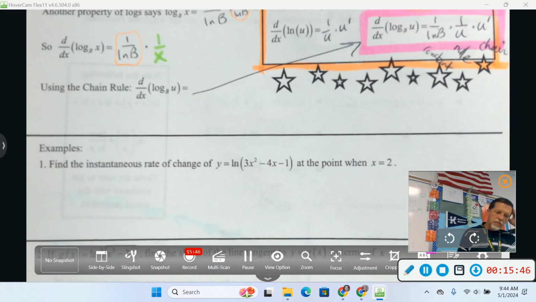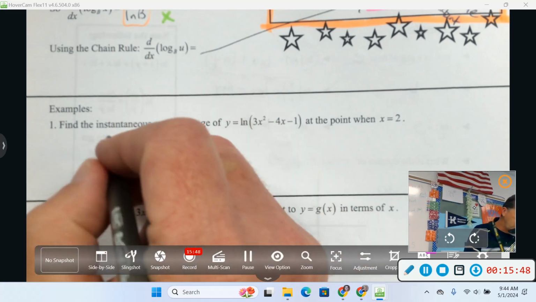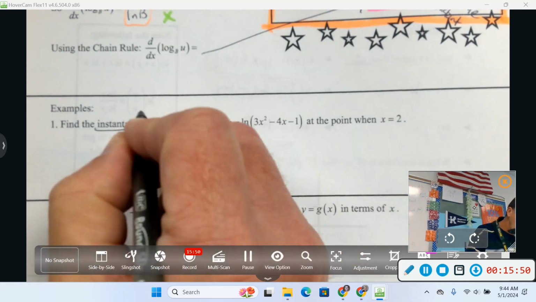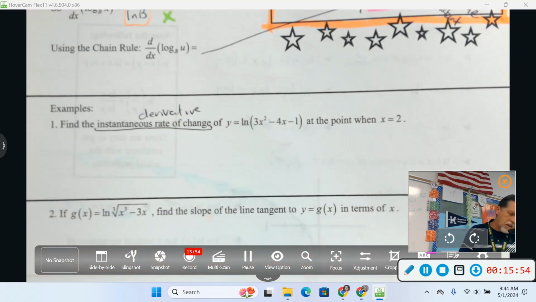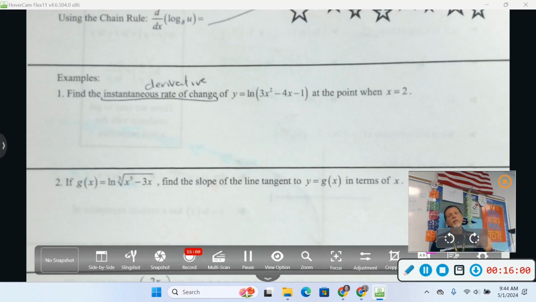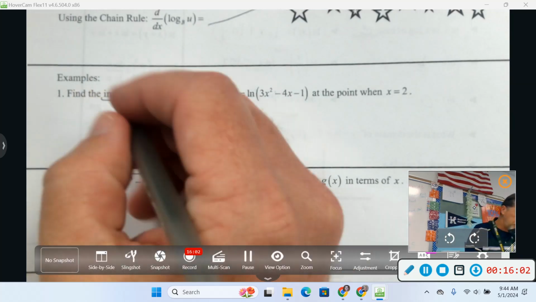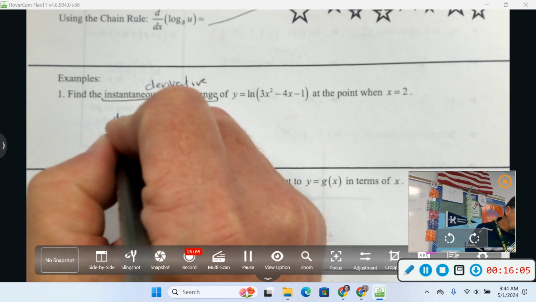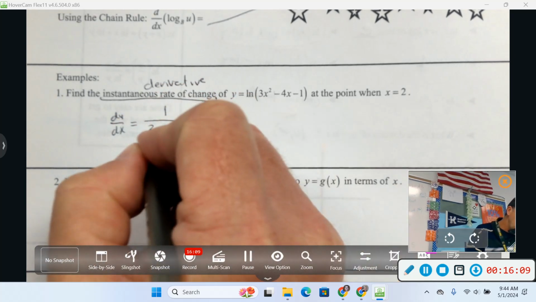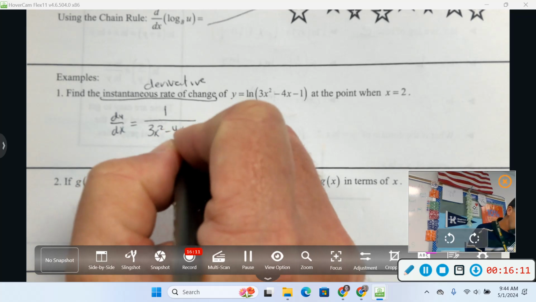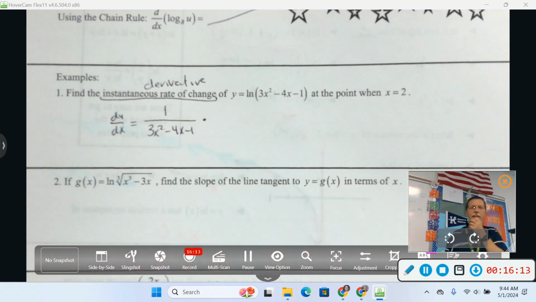Okay, some examples. Find the instantaneous rate of change. That, of course, is the derivative of natural log of that thing when x equals 2. Okay, so find the derivative, plug in 2. The derivative is 1 over the argument times the derivative of the argument.